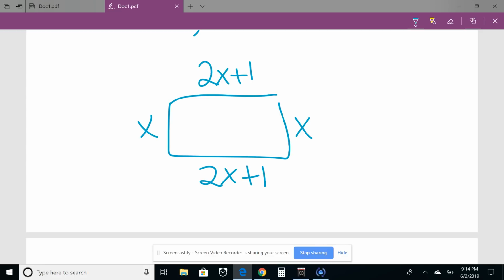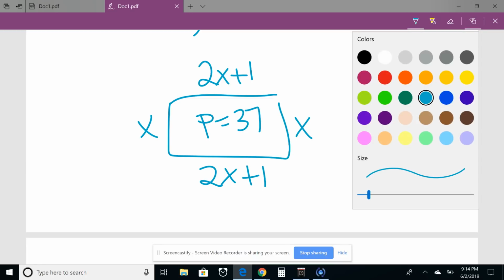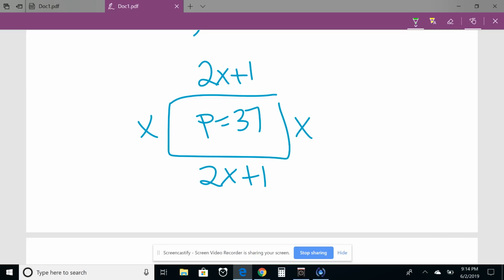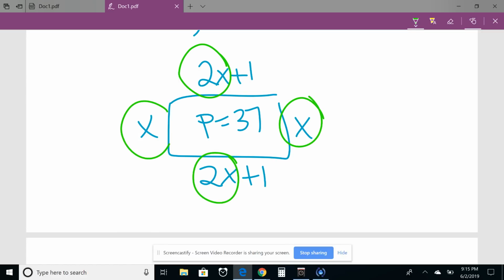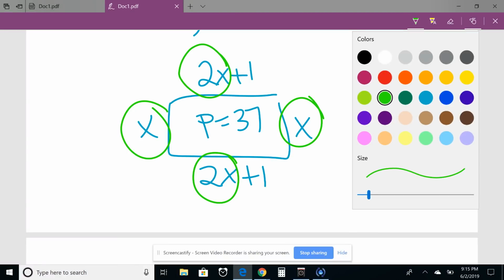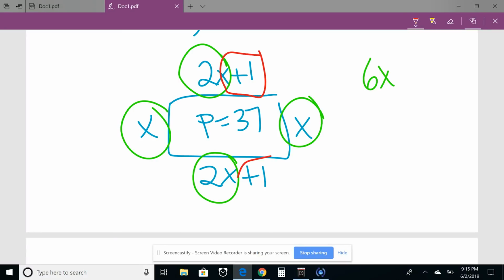Now you could stack them up like we did with the odd integers. And we said, let's say our perimeter in this case is 36. I'm just making up these random numbers to show you how to set up the equations. You should know how to solve them once you set them up. And then you could stack them up, or you could just look at the like terms. 2x plus 2x plus x plus x is 6x. 1 plus 1 is 2.